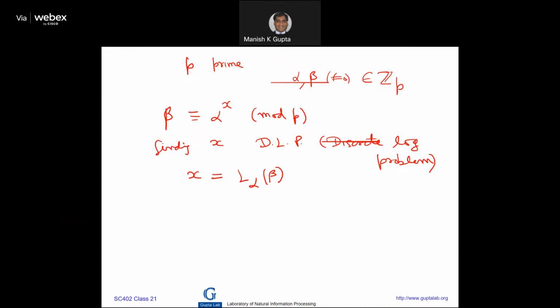The base of the log is alpha. The discrete log of beta, base alpha, is x. By definition, it's just the same analogy as with the reals. We define it like this.